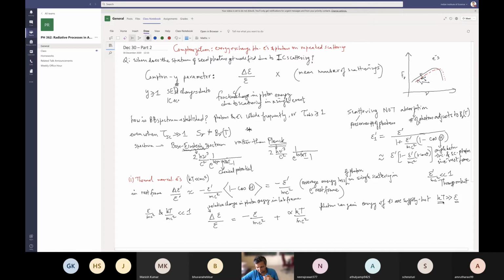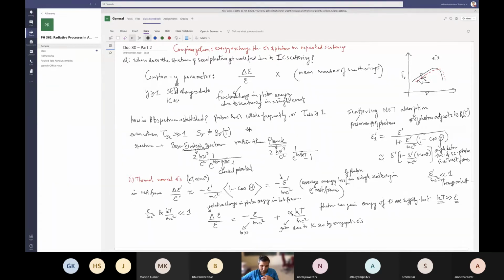This is the electron energy in the lab frame. If the typical energy of the electron is much larger than the photon energy, then the electrons should lose energy and the photon should gain energy. So this is loss from this kind of term, and this is gain due to inverse Compton scattering by energetic electrons.